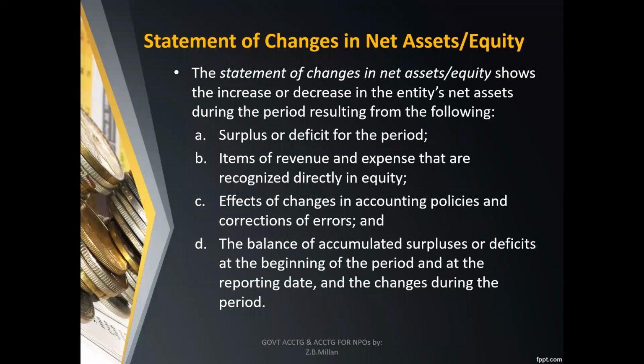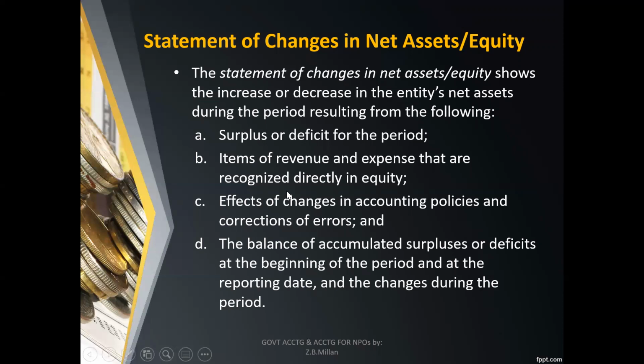Okay, now let's take a look at the statement of changes in net asset or equity for the period. The statement of changes in net asset or equity shows the increase or decrease in the entity's net asset or its equity during the period resulting from the following. Letter A, you have surplus or deficit for the period.